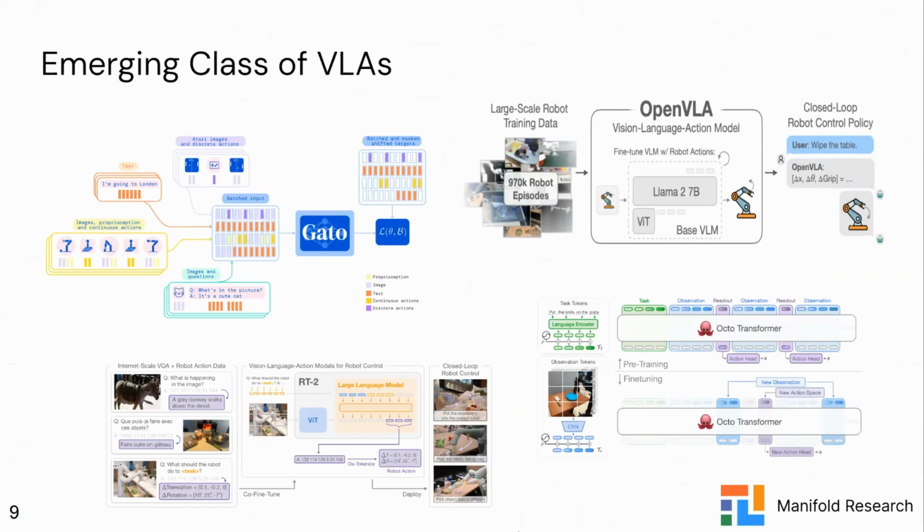And this is something that we're super, super interested in. We have a lot of work going into this, and we'll touch on a couple different aspects of this in the next few slides from a couple of the speakers. But I want to note that we also will very soon have an update on larger scale VLAs that Manifold is building in collaboration with some of our sponsors and spinouts. So next slide, please.